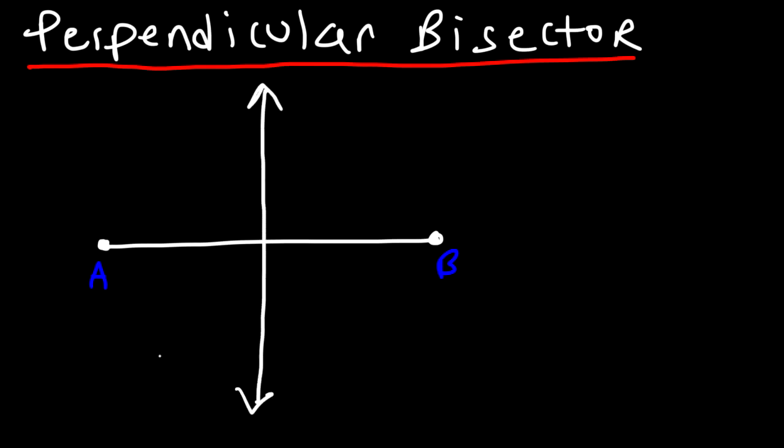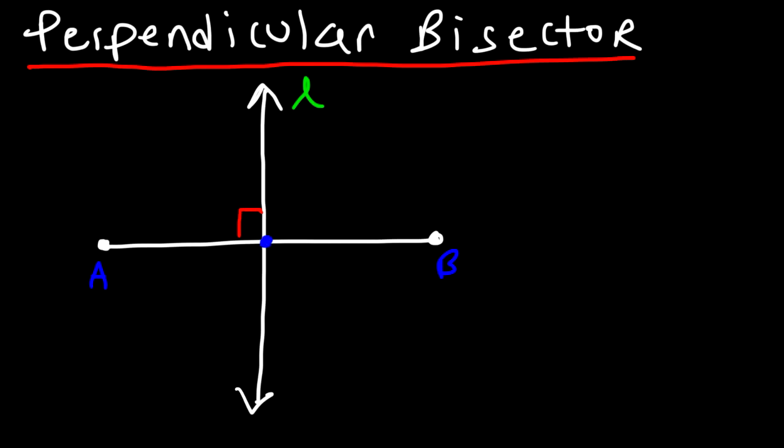And let's call this line L. So line L is perpendicular to segment AB, which means that it's going to form a right angle with segment AB. Now it's also a bisector.